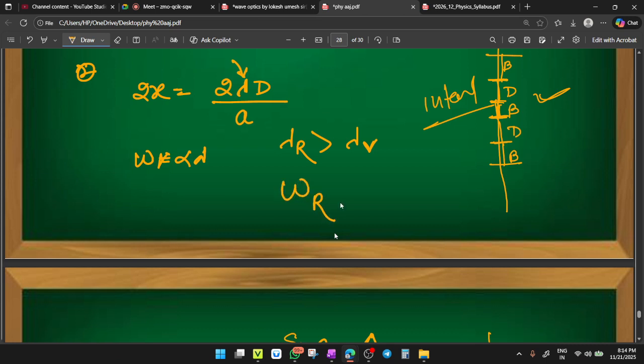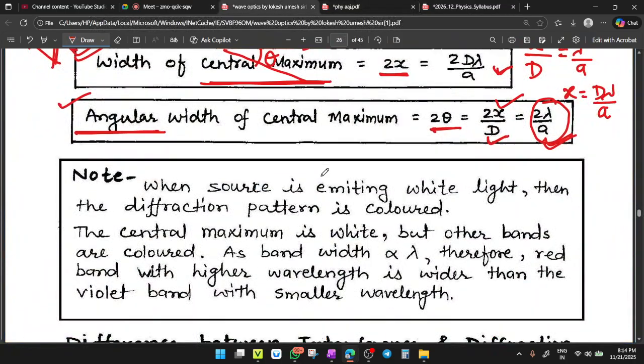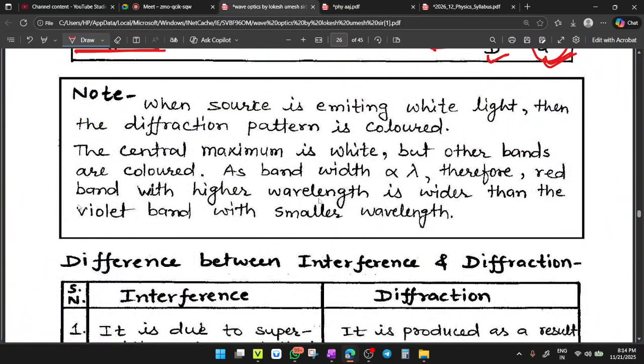The width for the red color will be greater than the width for the violet color. Means if you take white light consisting of 7 different colors, the red color band is wider than the violet color band. Therefore, the red band with higher wavelength is wider than the violet band with smaller wavelength.